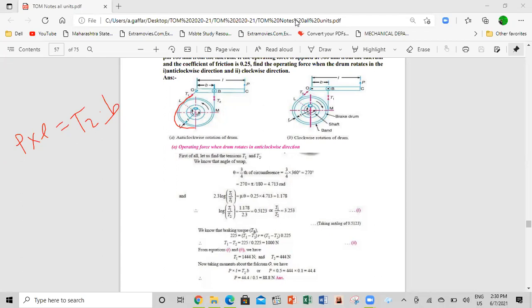Here L means the length of the lever, which is given in the problem as 500 mm. We have to convert millimeter to meter, so we get the length 0.5 meter. After conversion of units, we write down the value of T2 from equation 1.